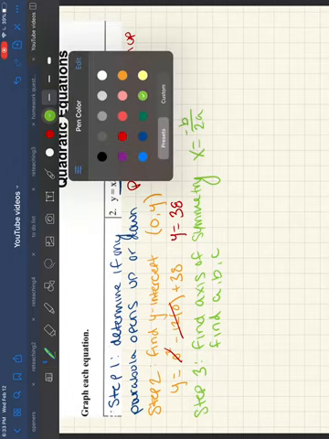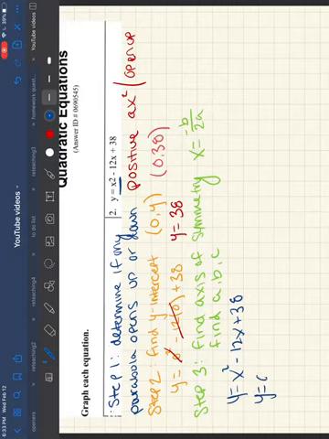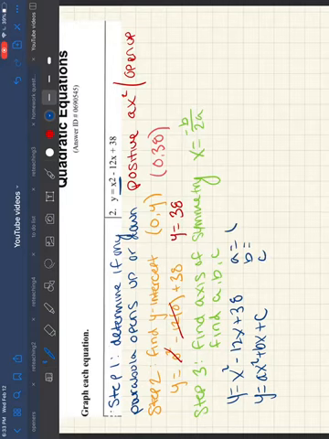So now I need to find a, b, and c. So I'm going to write my equation down. I get y equals x squared minus 12x plus 38. And I'm going to also write my standard form, y equals ax squared plus bx plus c. So a, b, and c will be 1, negative 12, and 38.